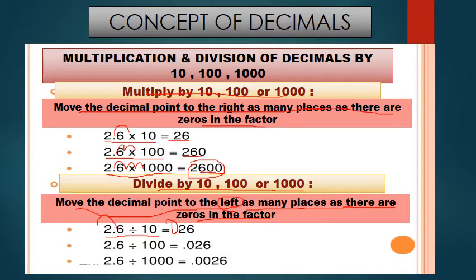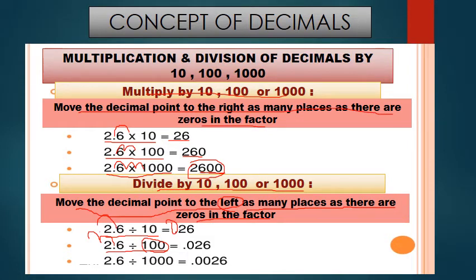When we divide 2.6 by 100, again we move the decimal point, but this time we move the decimal point two places to the left. Why two places? Because we are dividing it by 100.